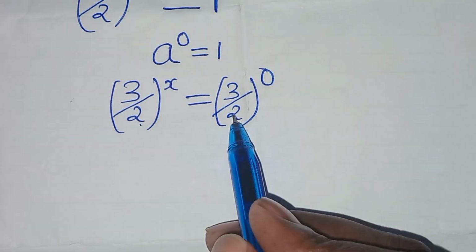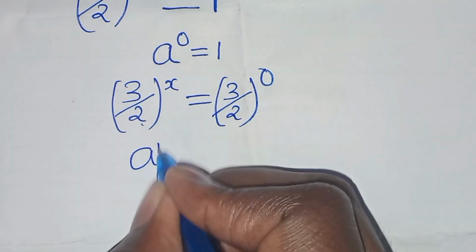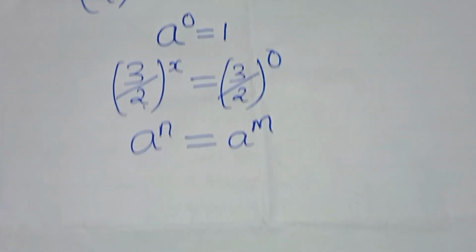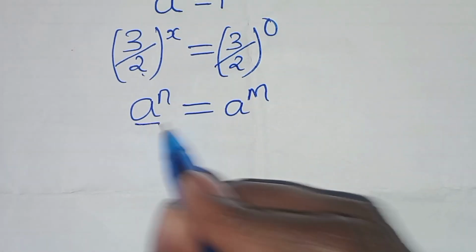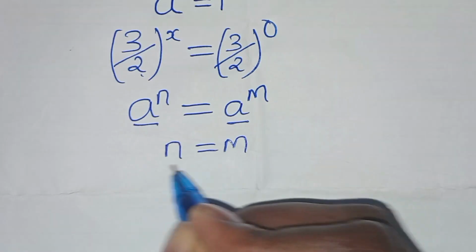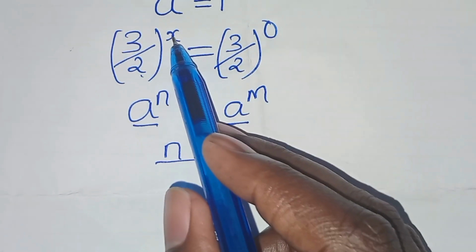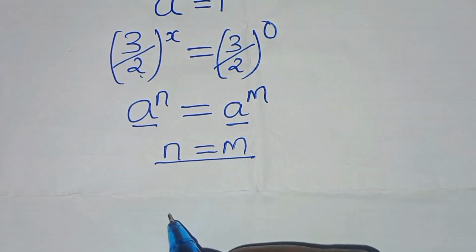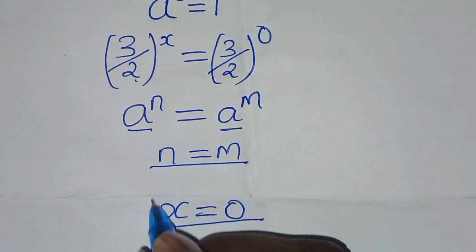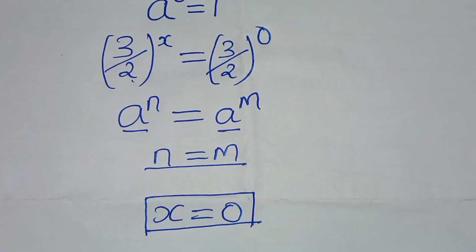Since the bases are common, that is a to the power of n is equal to a to the power of m, this implies that the bases are common, then exponent n is equal to m. So this implies that x is equal to 0. So this is the value of x.